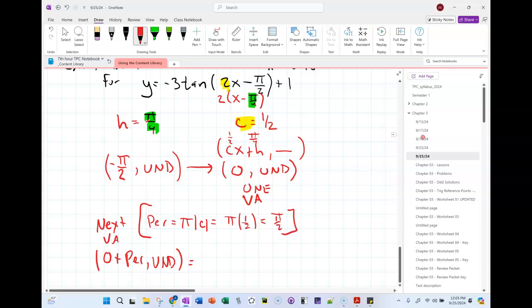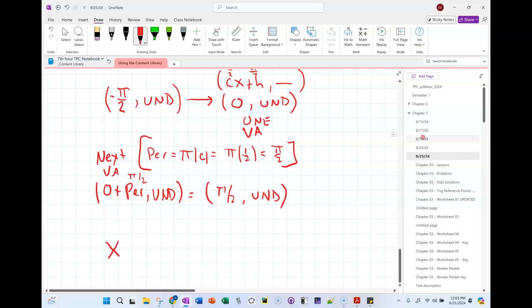So that's pi over 2. So our next asymptote is pi over 2, undefined, right? What would be the vertical asymptote after that? It's going to add another half pi, right? So 1 pi undefined. The one after that, 1.5 pi undefined. I can keep doing that forever if I wanted to.